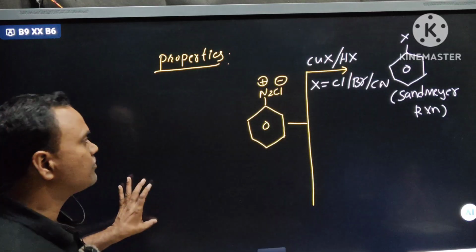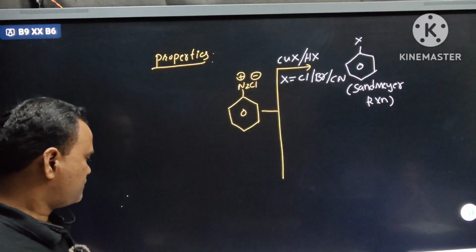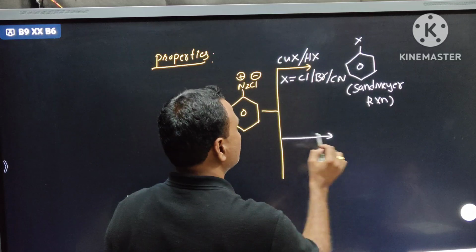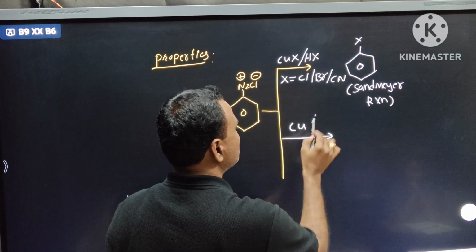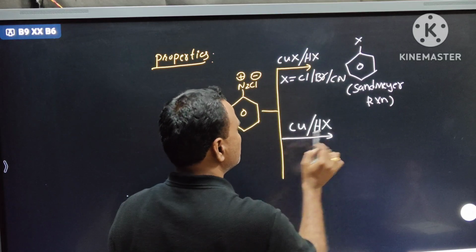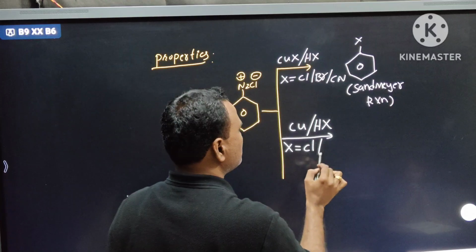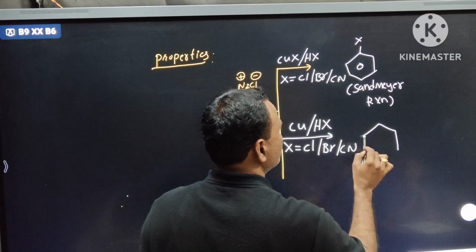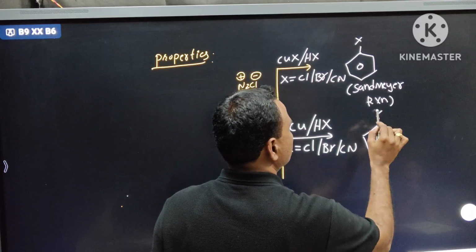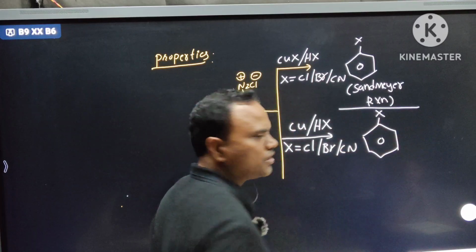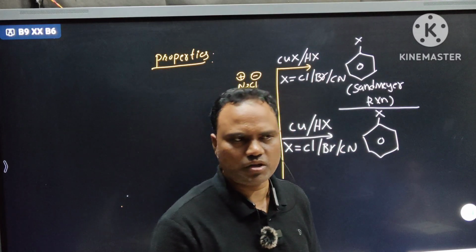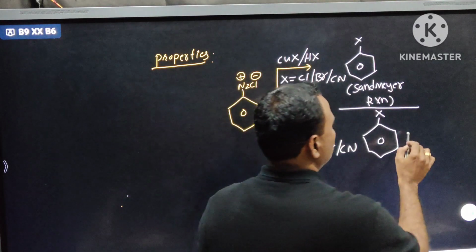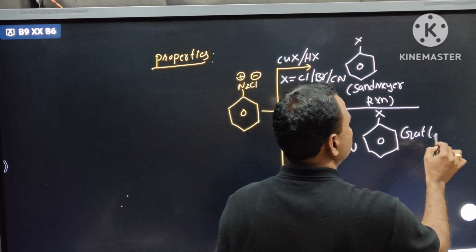Next, Gattermann reaction. In the Gattermann reaction, we use only copper powder, where X is chlorine, bromine, cyanide. Here also chlorobenzene and bromobenzene are prepared. Name: Gattermann reaction.